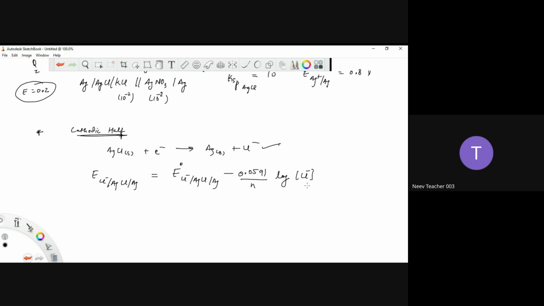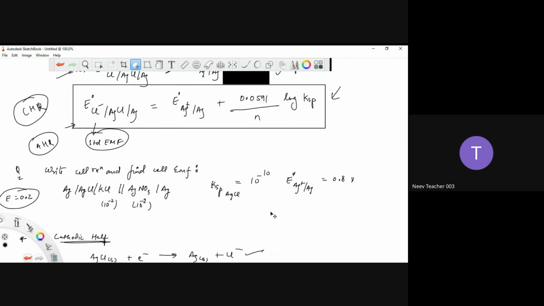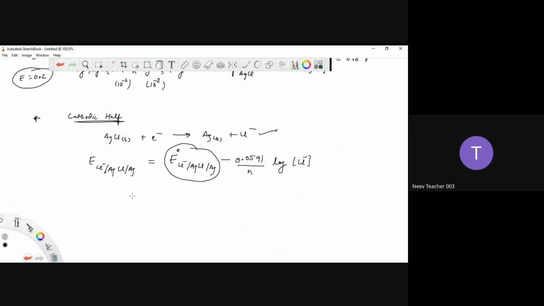Now, this E naught Cl minus AgCl Ag, we have just calculated it, isn't it? Just go up and check. This whole lengthy value is that E naught. So if you write it over here, what are you going to get?